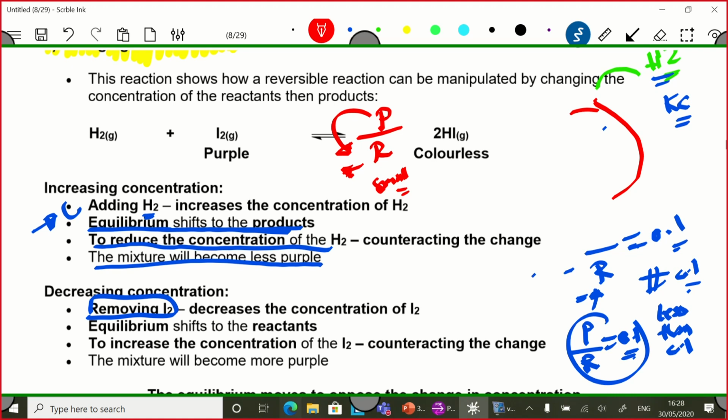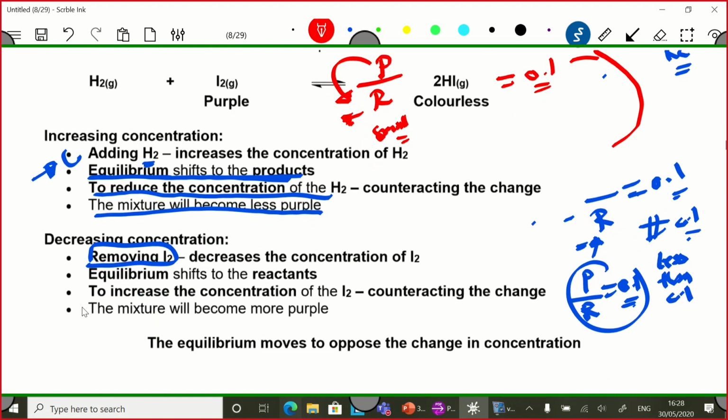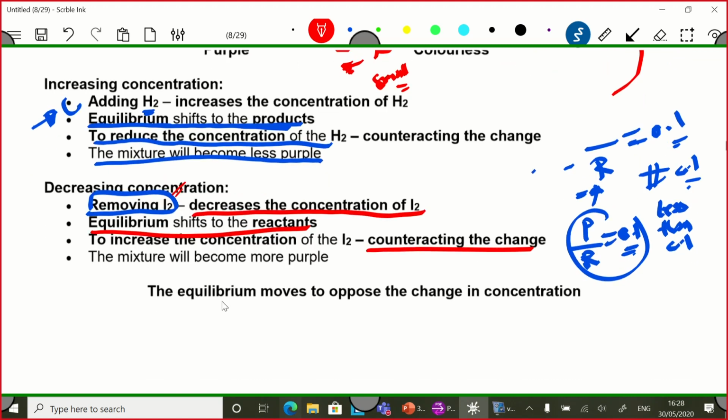Into reactant, again to reach the same ratio. So if I remove iodine from the system, this will decrease the concentration of the iodine. Equilibrium is going to run more to the left hand side to produce more reactant, so it can counteract the change that you already made.